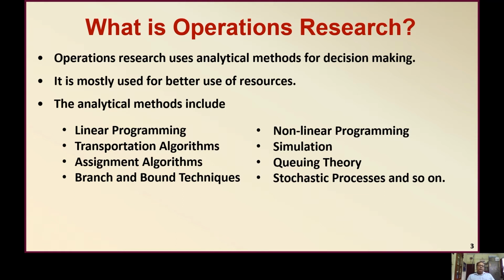You see, most management situations use resources. Now, when we are using resources, resources are not available in infinite quantity. There are finite limits to the resources. And since the resources are finite, what usually happens is that one or the other resource may become a bottleneck resource.